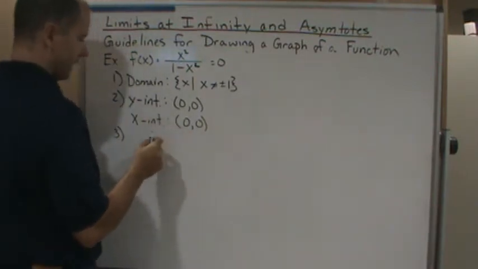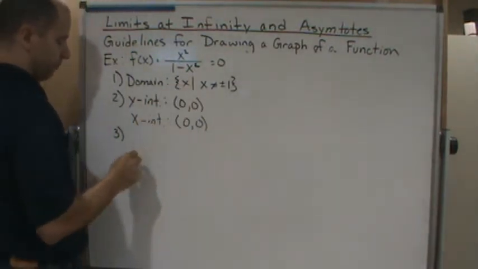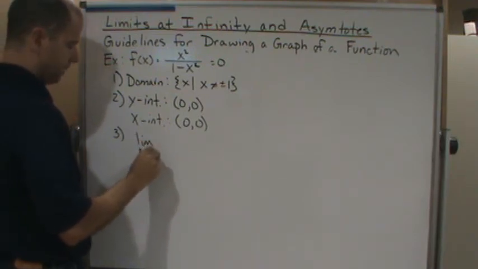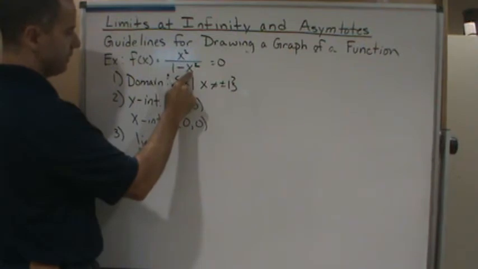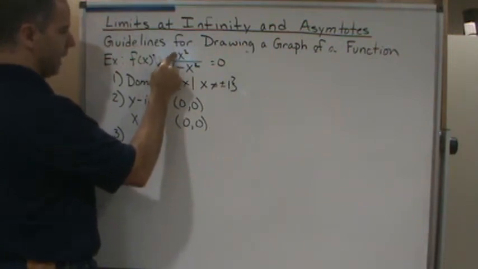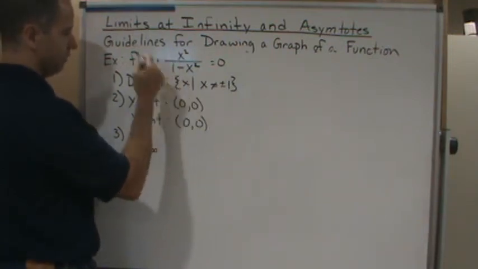But you can also see it as you take the limit. If you take the limit as x approaches positive infinity, what happens here? This is going to be positive, and you're subtracting a large positive number from 1, so down here it's going to be negative.